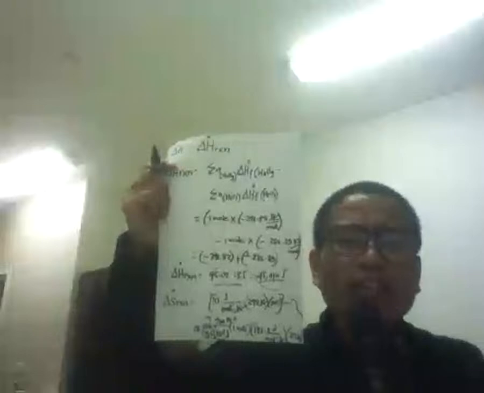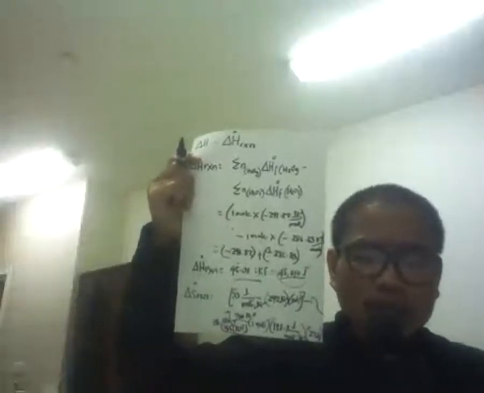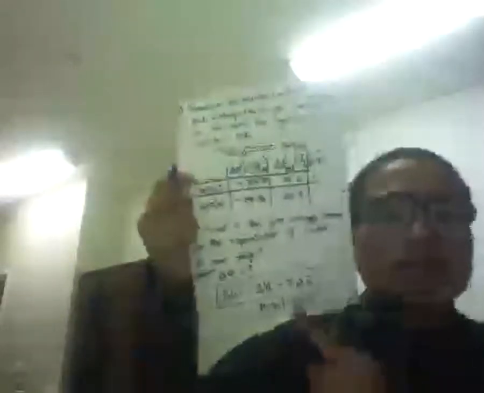So delta H is equal to 45,010 joules, minus the entropy, 35,164. Since the entropy is in joules, we already converted it by employing the temperature, so no need to multiply the temperature here.